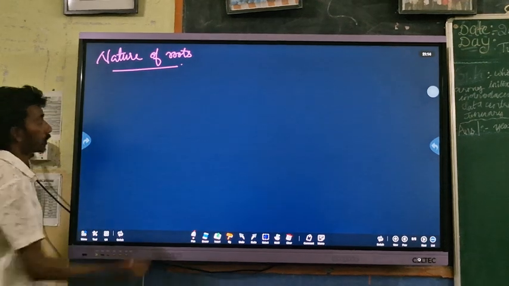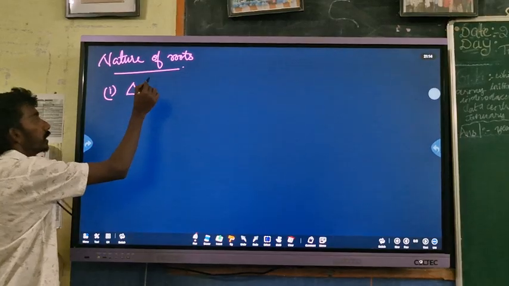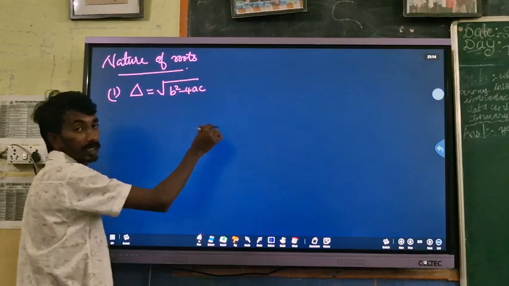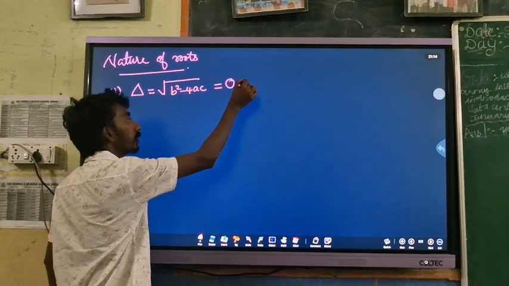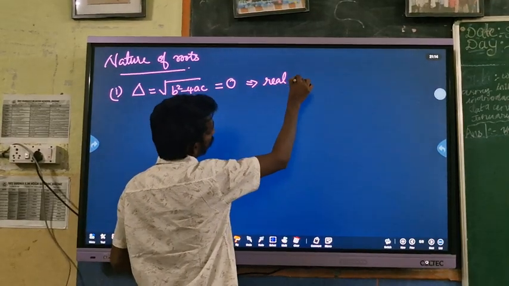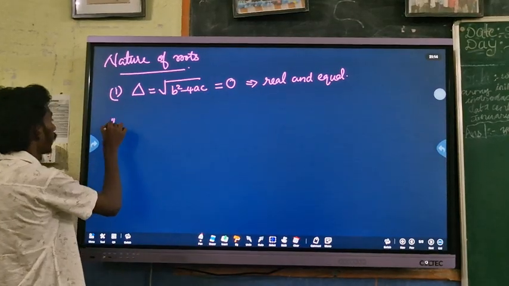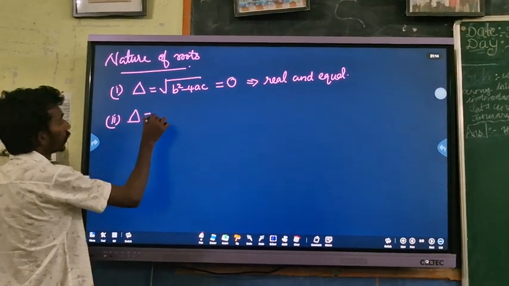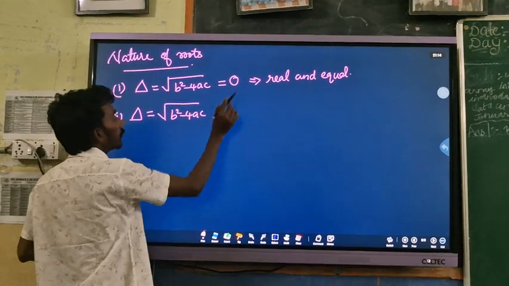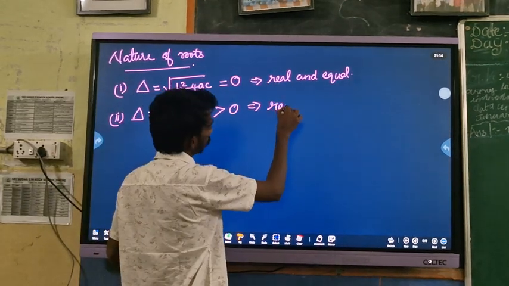And last, we have the nature of roots. In the nature of roots, if the determinant value, b square minus 4ac, is equal to 0, we will have real and equal roots. If the determinant value b square minus 4ac is greater than 0, we will have real and distinct roots.